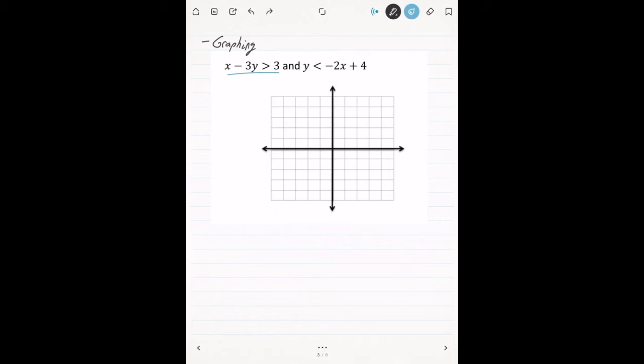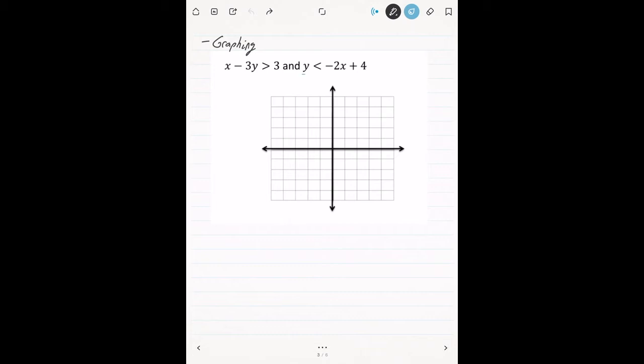What we should do here is graph both of these, because when it comes to really understanding the solutions to linear inequalities in two variables, the best way is by looking at a graph. It's very difficult writing them in set notation, so why don't we use a graphical representation?